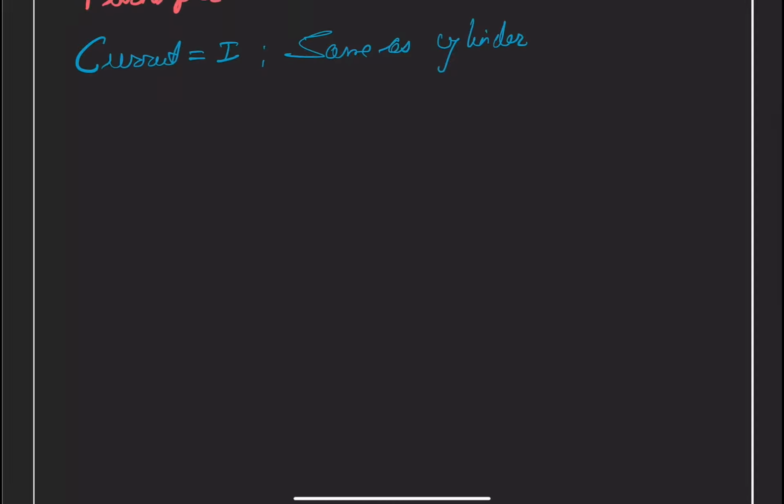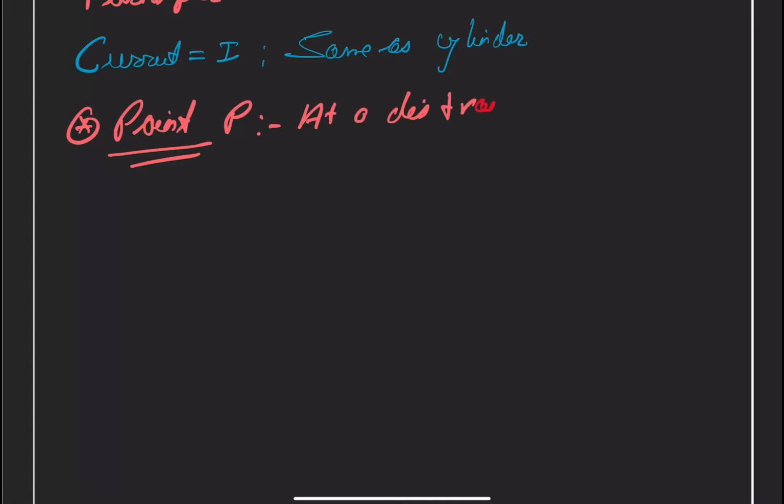So let us consider the point P. It is mentioned that it has to be at a distance r from the common axis.